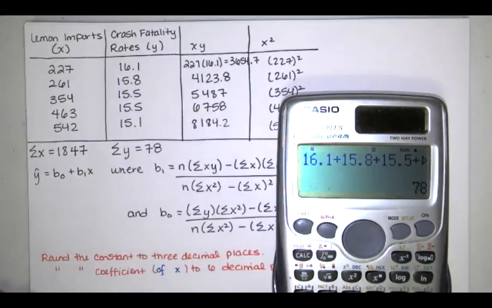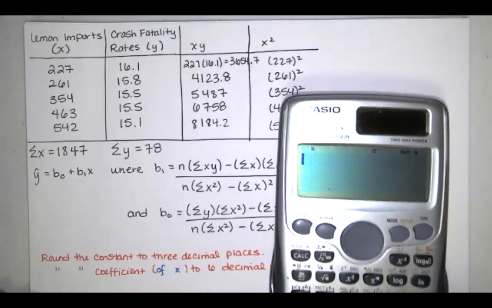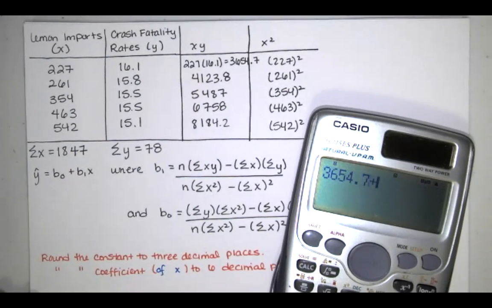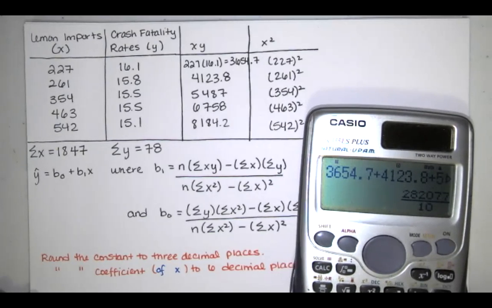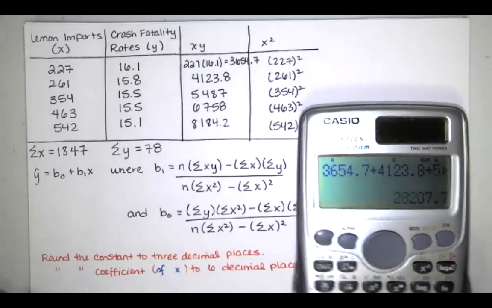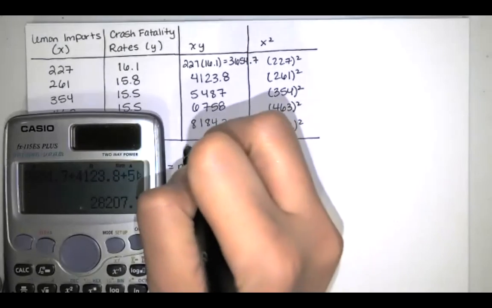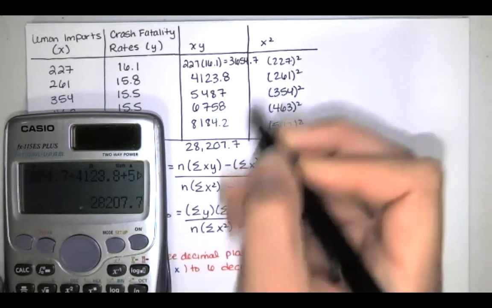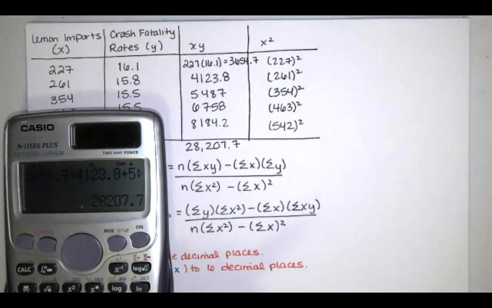The sum of the x's times y's is this 3654.7, and you just keep going. You just add, and I get 28,207.7 if I've done all of that correctly.